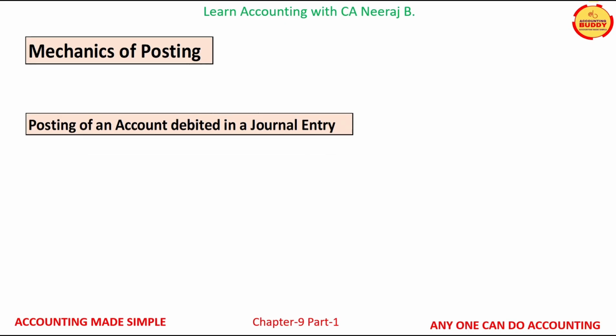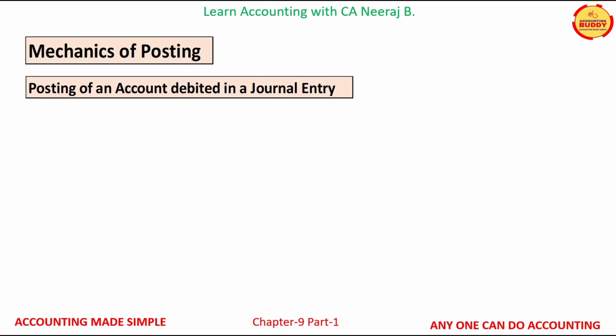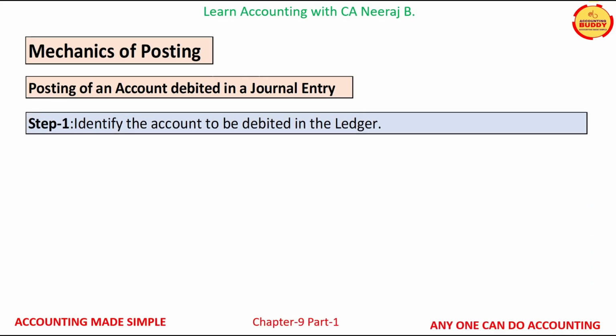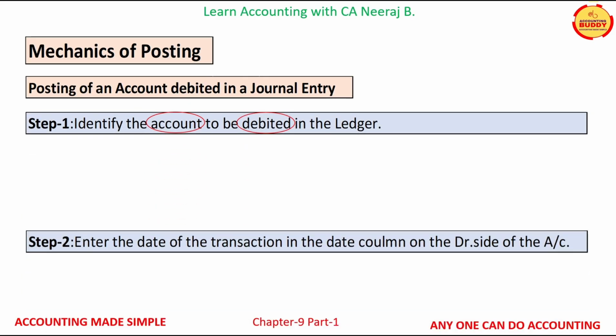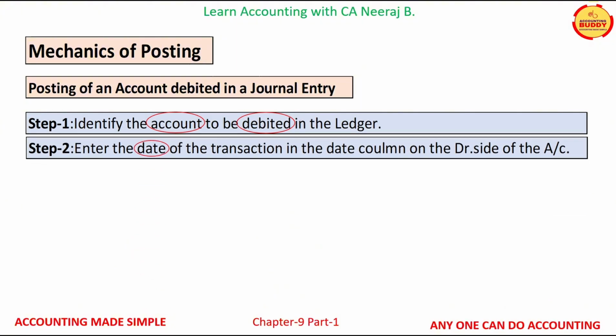Let us now learn the mechanics of posting. The steps involved in posting an account debited in a journal entry are: Step 1, identify the account to be debited in the ledger. Step 2, enter the date of the transaction in the date column on the debit side of the account.